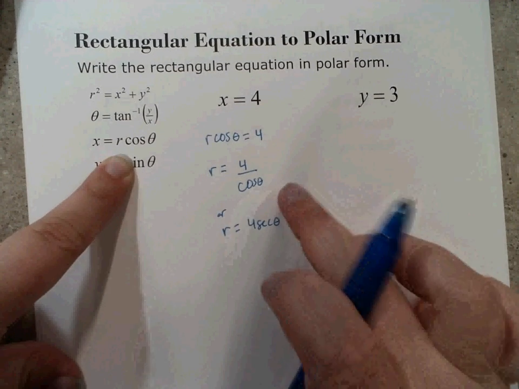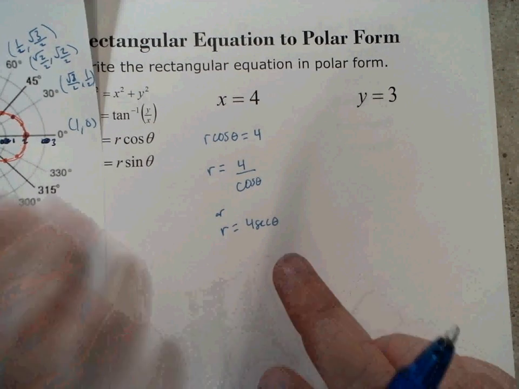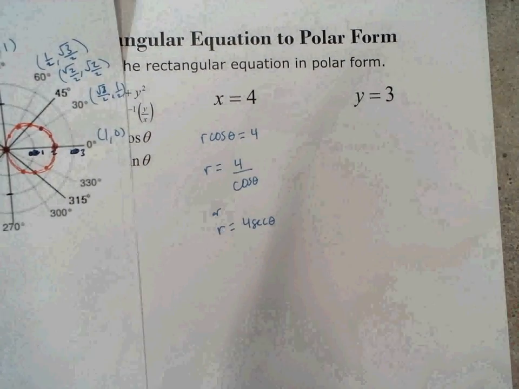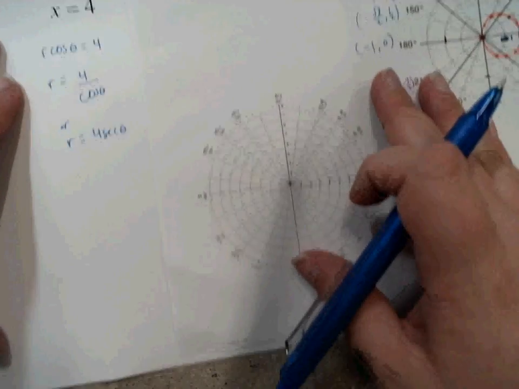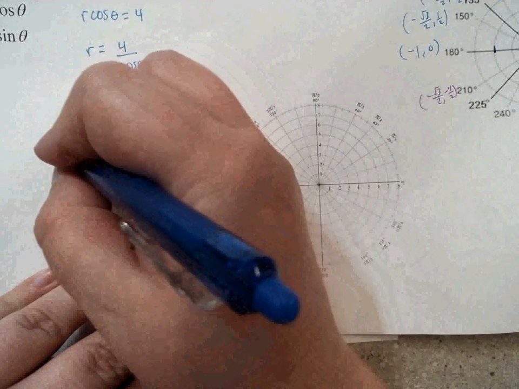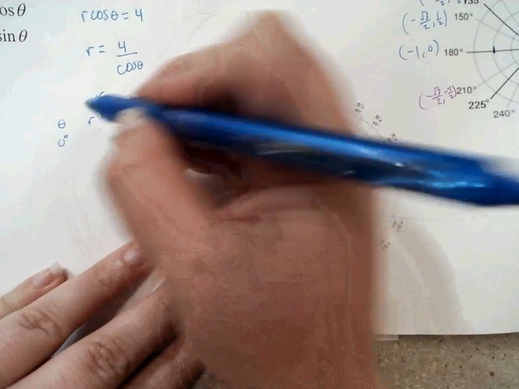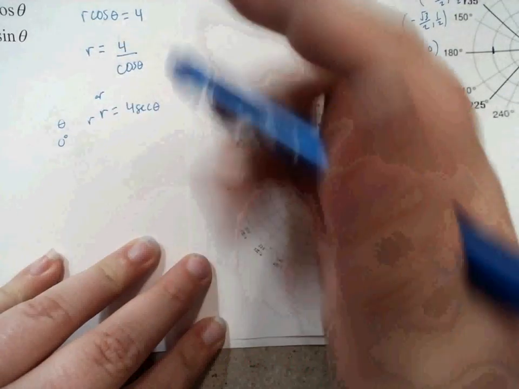Cool? It's easier for me to think in terms of cosine as far as graphing, so that's what I'm going to use right quick to show you that we're going to get just a vertical line x equals 4. Okay, so here we go. We're going to do a series of points just like I did the last one. At 0 degrees, what is the r?